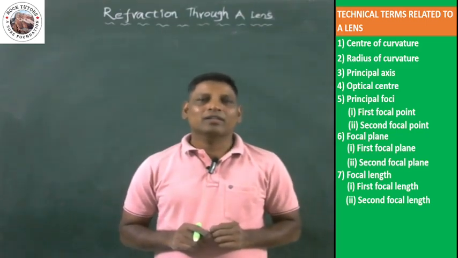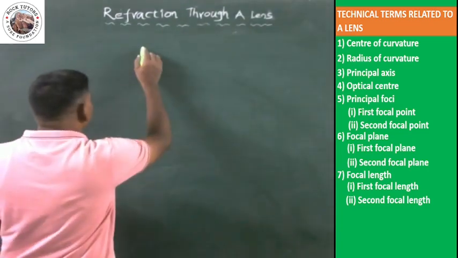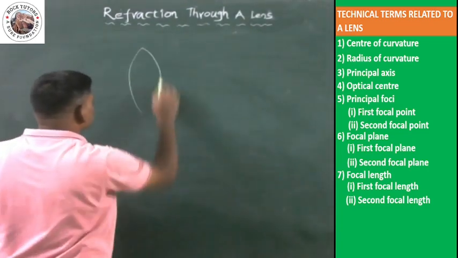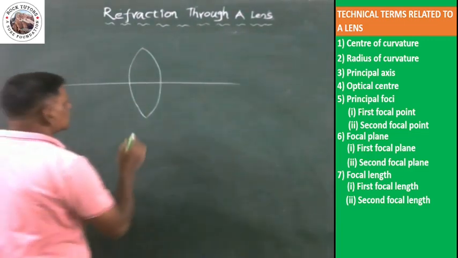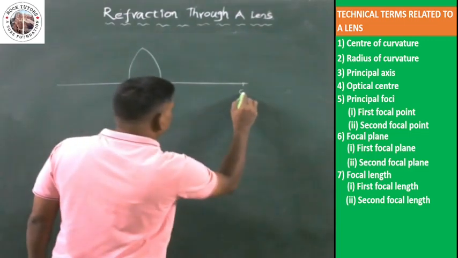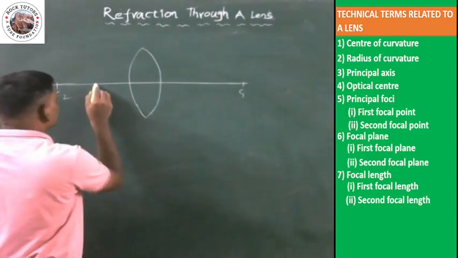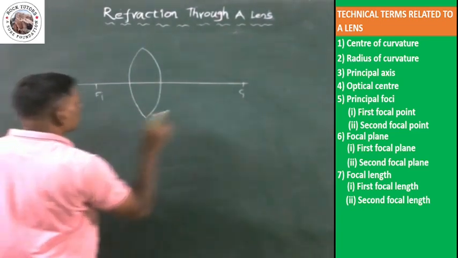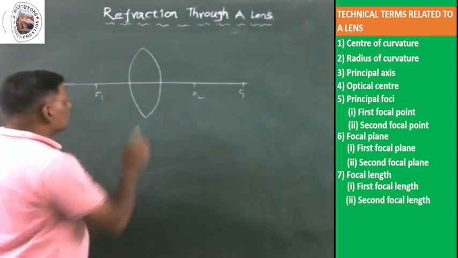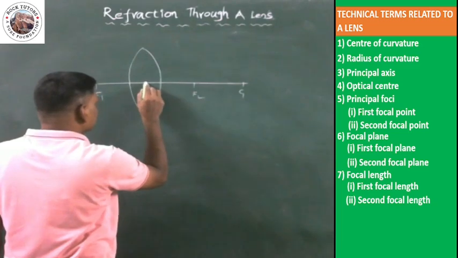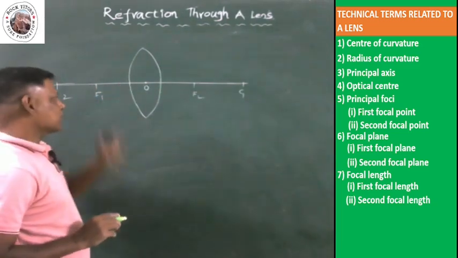Now see here, for this convex lens, this is the principal axis, C1, C2, F1, F2. Now this is the optical center. O is the optical center.